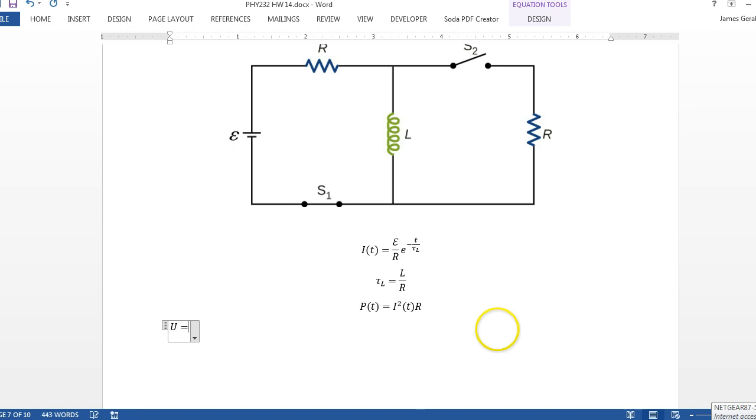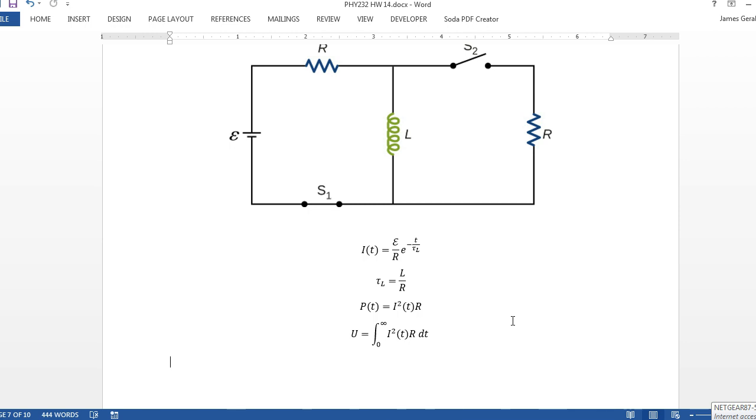So we have U is the integral from 0 to infinity of this I squared of t R dt. So this is just adding up all the energy dissipated over time to see how much energy is dissipated in this resistor.